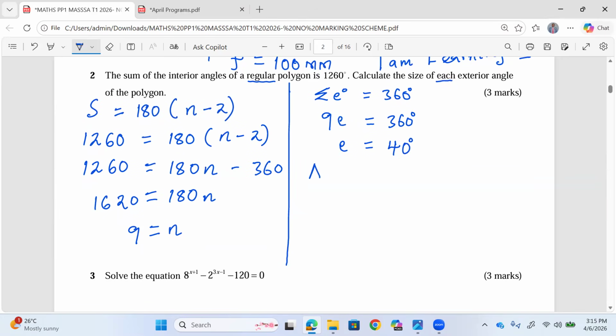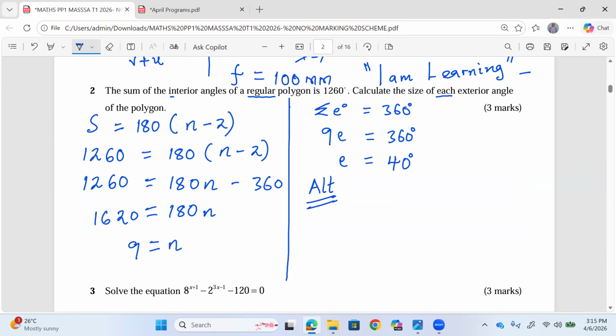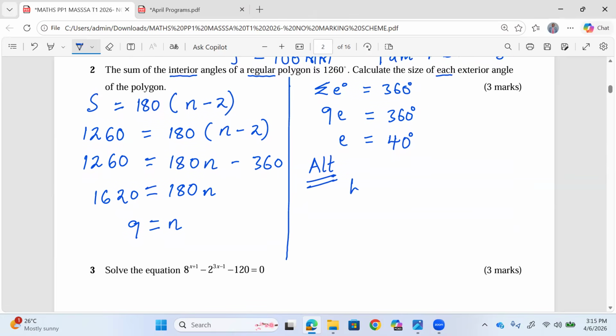Alternative working, you can also say this: we are already given the sum of interior angles, and we have known the number of sides in this particular polygon, meaning that we can get the size of each interior angle.